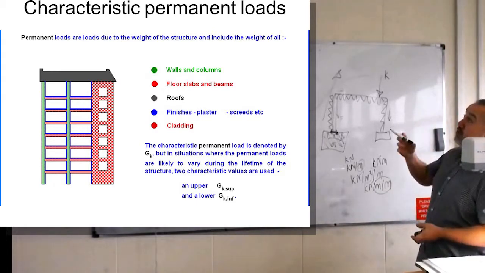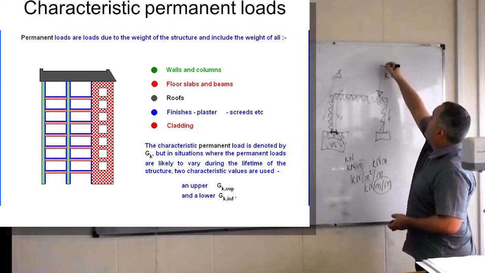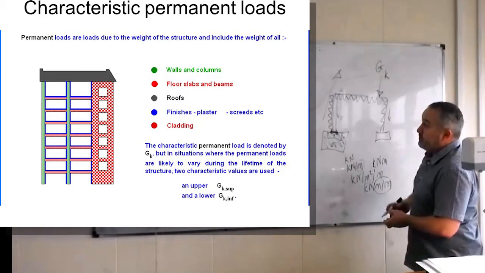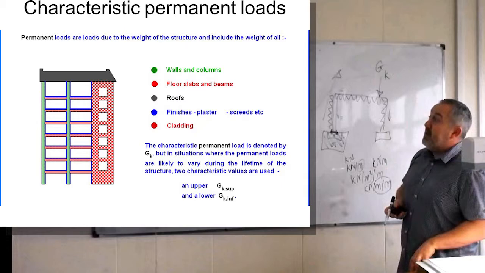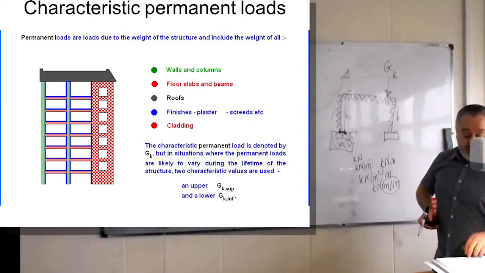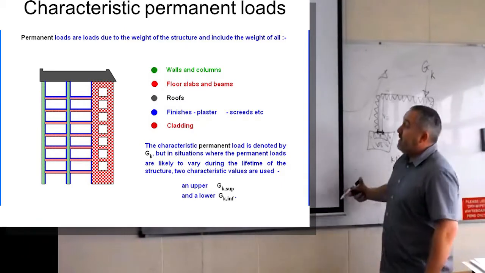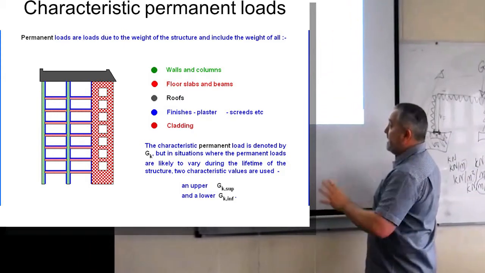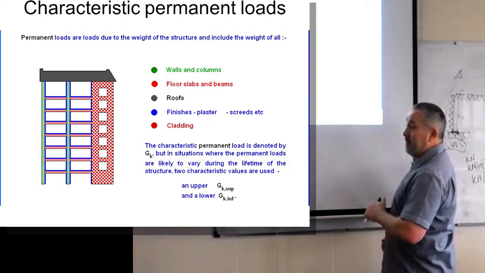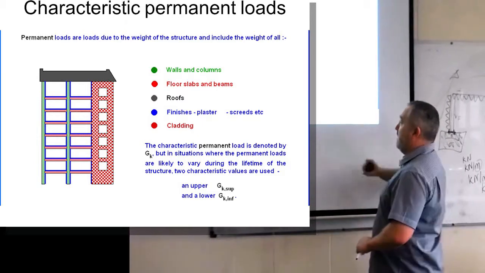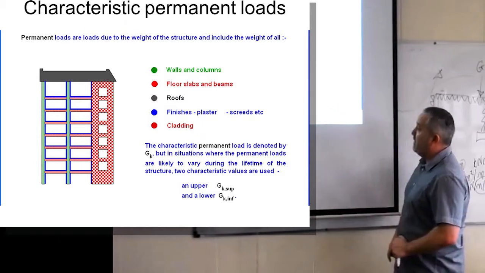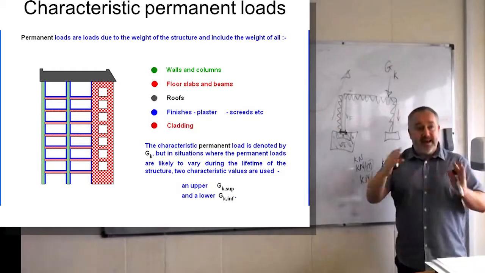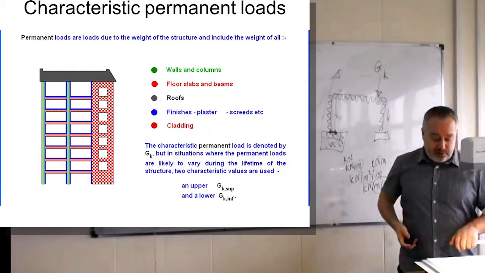So you find that dead loads, permanent loads, are represented by G, and then you've got your K value. Now you'll find that in the Eurocodes that it is split by the superior and inferior, if you are able to distinguish between them. For this module, don't bother with the superior and inferior. We just have a dead load.